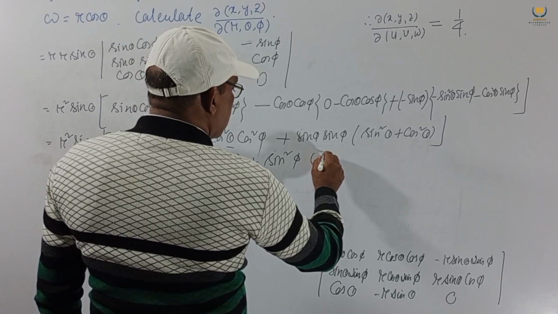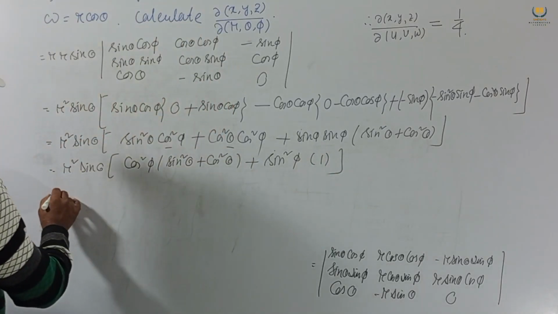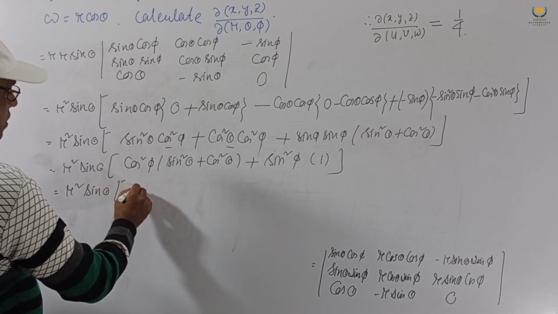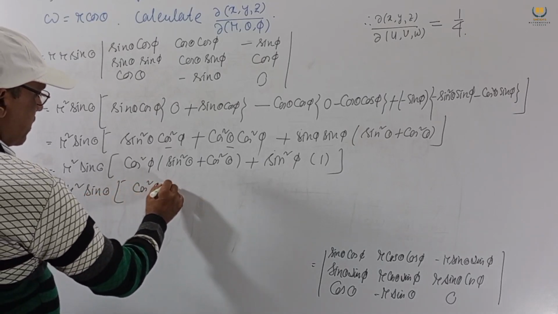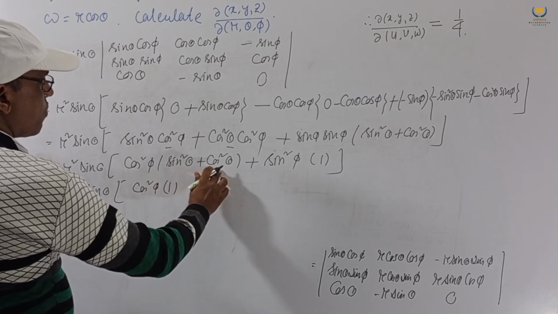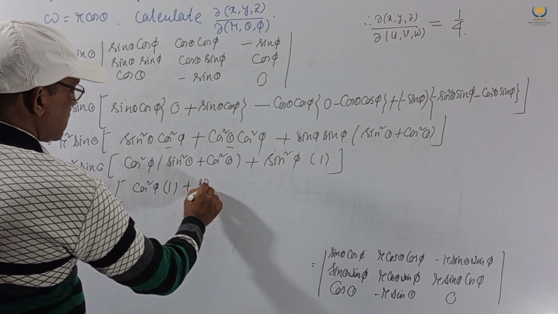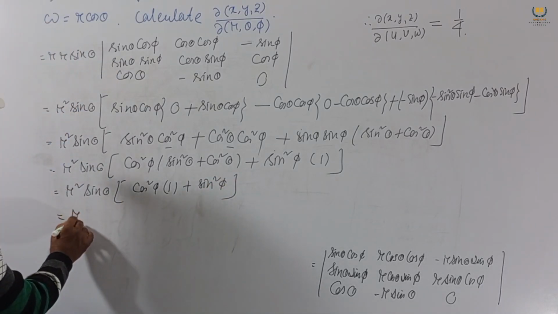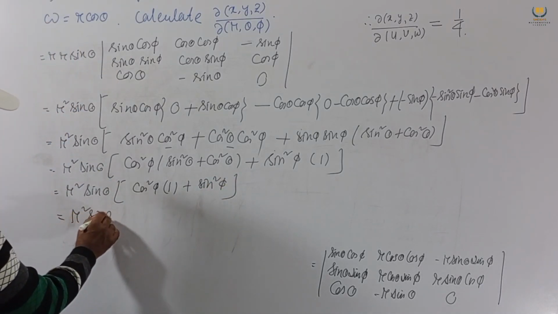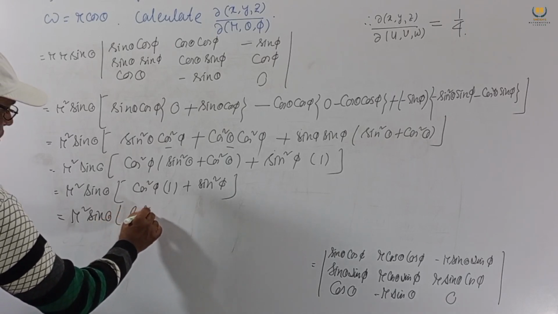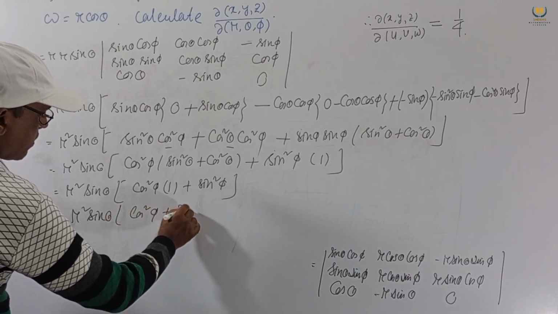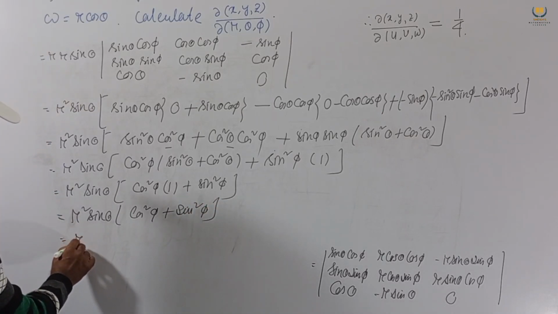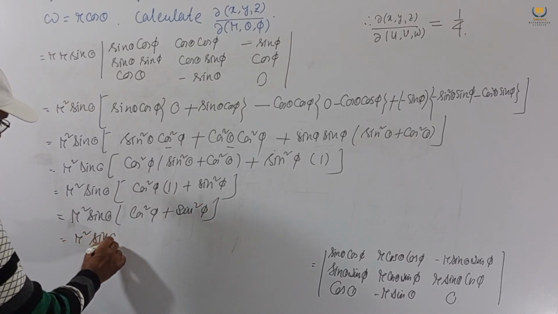So r square sin theta times cos square phi plus sin square phi, which is 1, so r square sin theta.